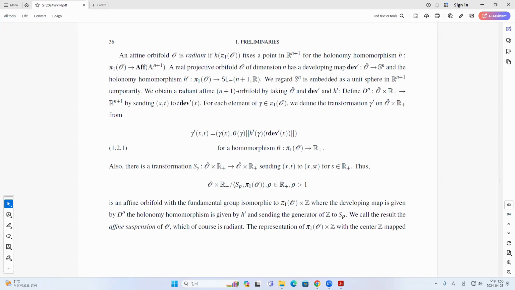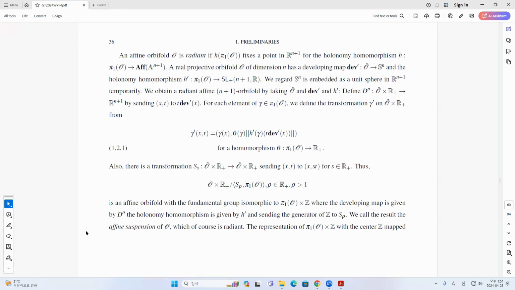So pi 1 of O will act by this map, and then this is an affine orbifold with a fundamental group isomorphic to pi 1 of O times Z, because I added this s_rho, and s_rho actually commutes with any other element. So s_rho is just a scalar multiplication by rho here. Rho is some number, and rho can be some number bigger than one, and so the homomorphism is given like this.